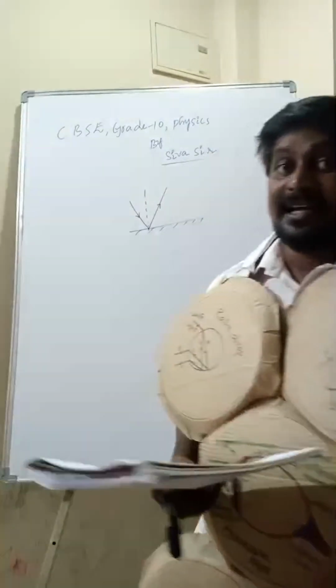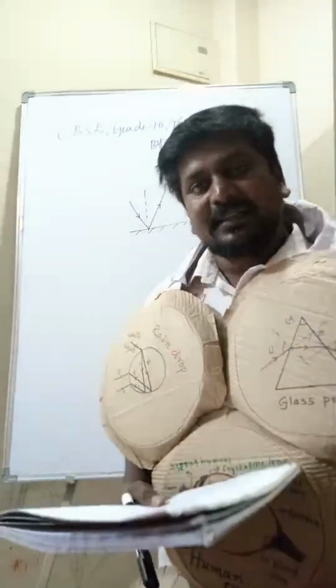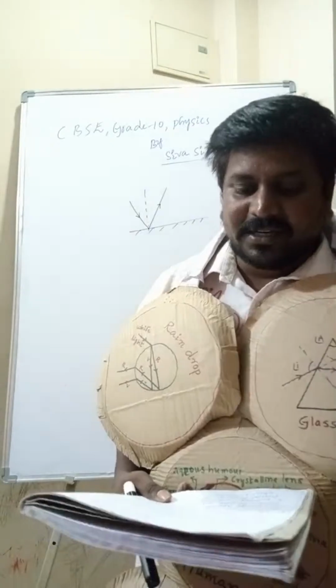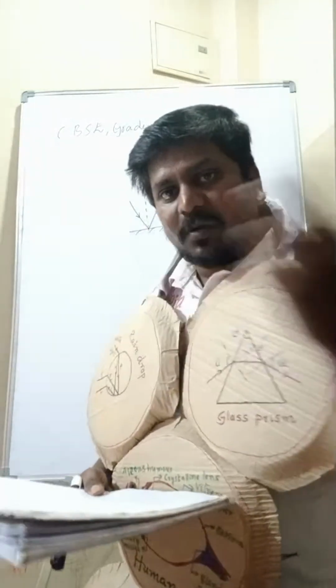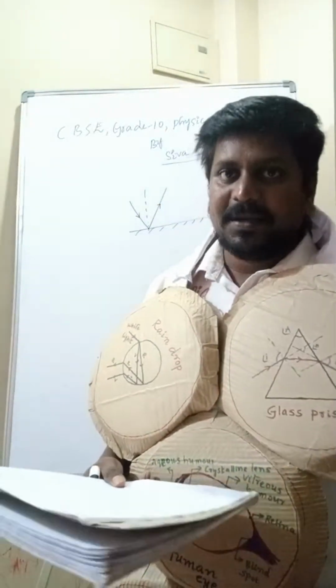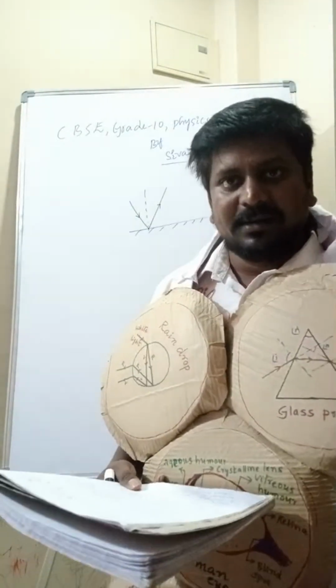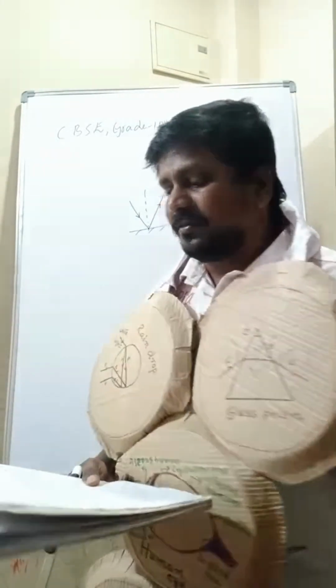If incident or reflected rays are extended and meet at one point, then it depends: reflected rays directly meeting give a real image, and extended reflected rays give a virtual image.